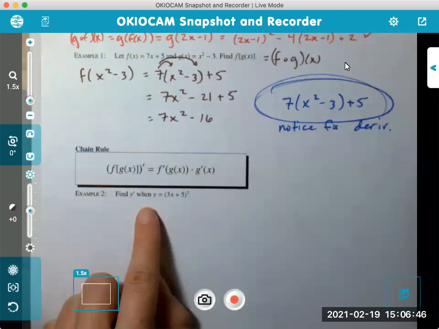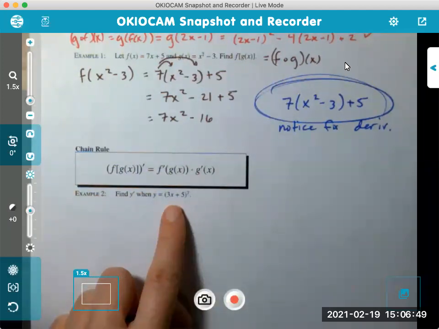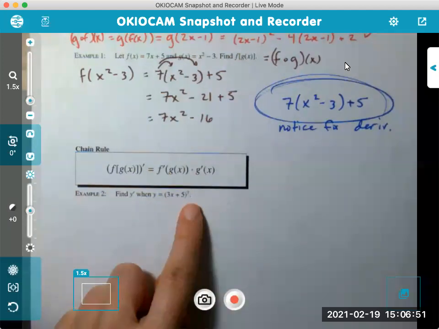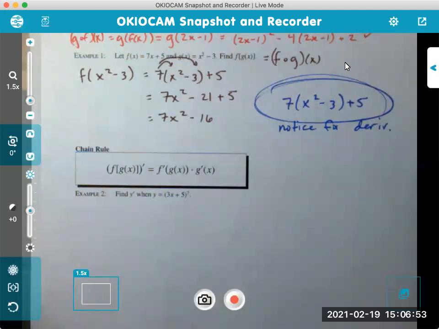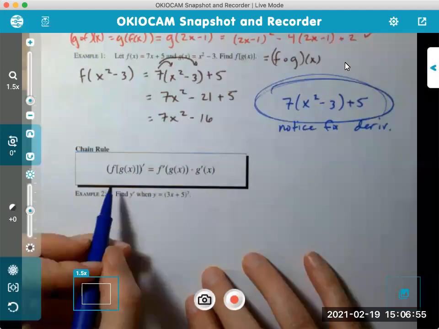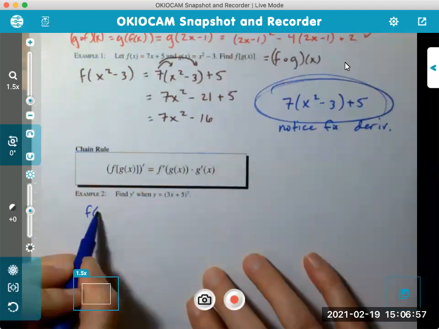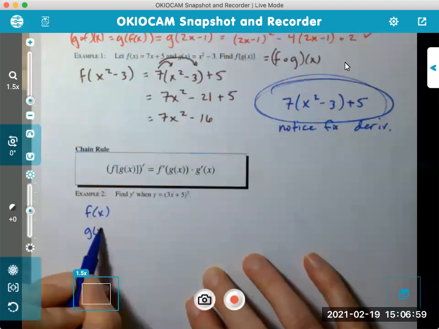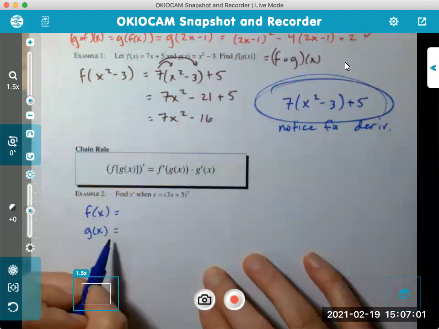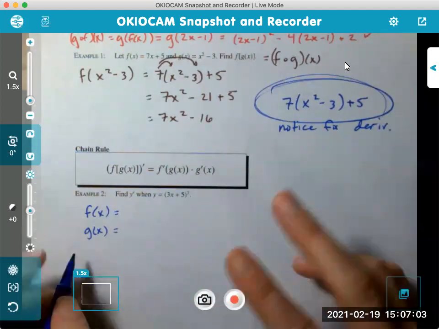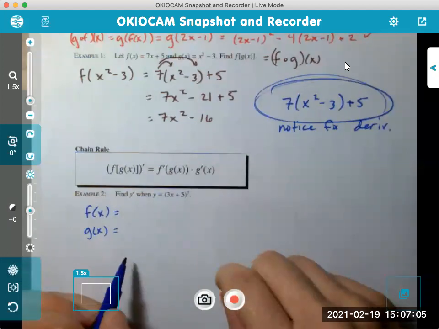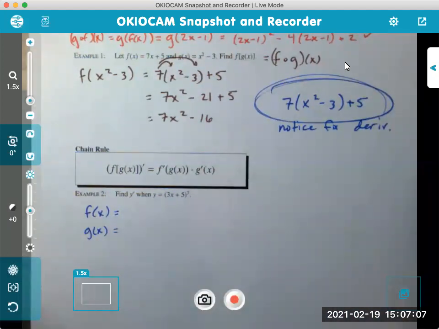So when I have something like this, y equals (3x plus 5) to the 7th, if I want you to label or think, what's your f, what's your g? In this case, your g is the quote inside function. Inside means it's literally inside of something 90% of the time.